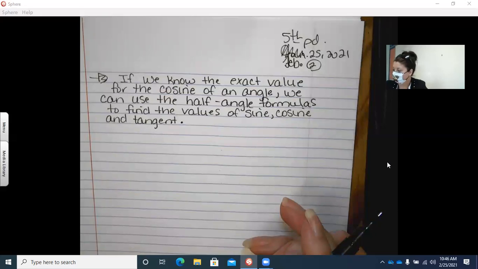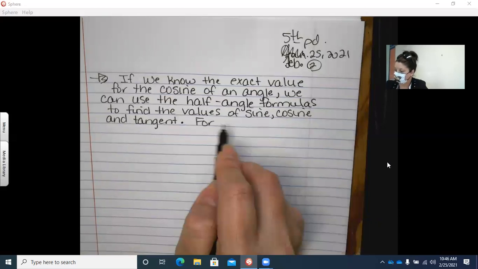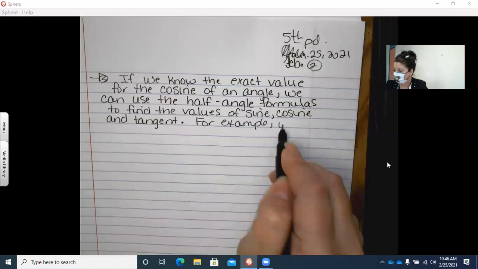For example, we know that the cosine of 225 degrees equals negative square root of 2 over 2.